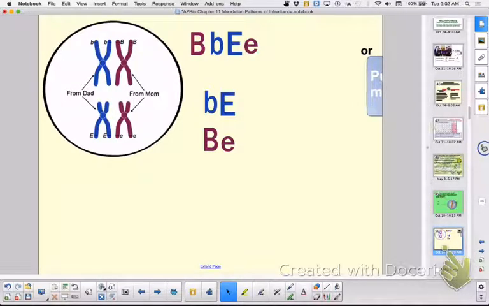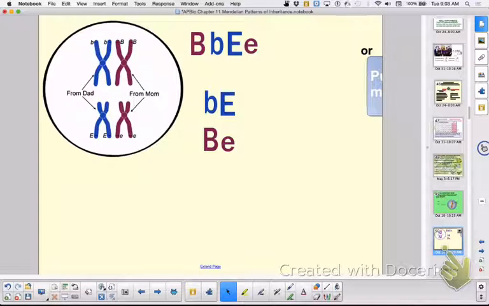Let me ask you a question. What law says I will only get one kind of B, either the big B or the little b? Law of segregation. Look right here at me for a minute, this is a big ticket item. Law of independent assortment says they can line up any which way they want.